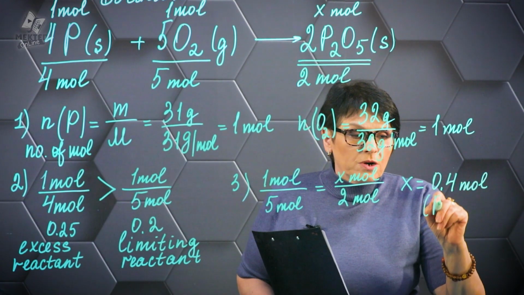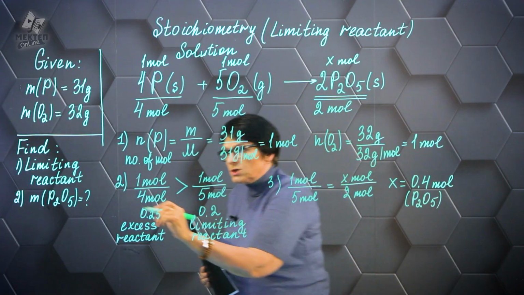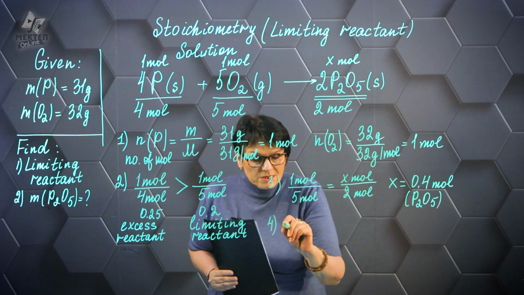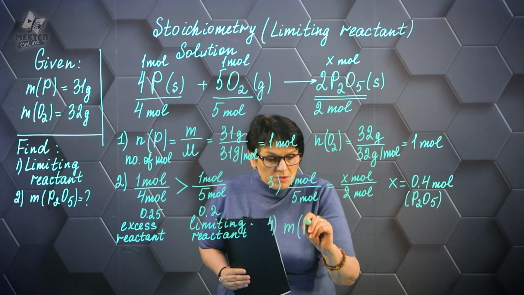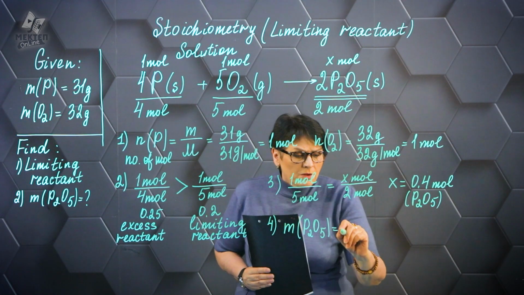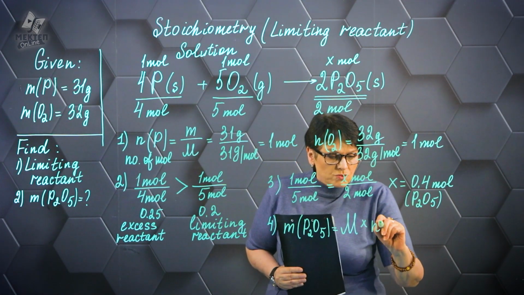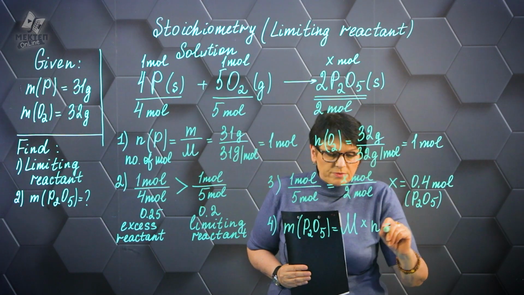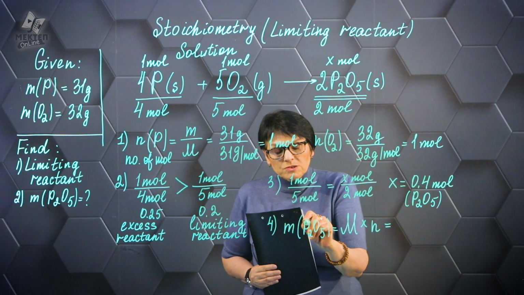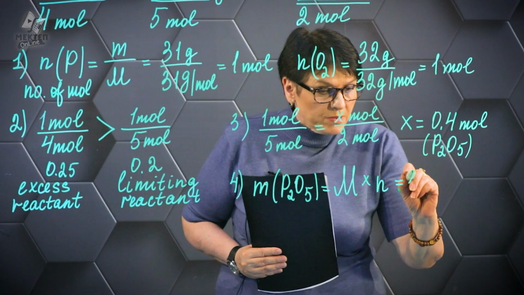That's for P2O5. But since we are asked about the P2O5 mass, we have one last thing to do: calculate the mass of P2O5. For this, we'll use the formula: molar mass of P2O5 times the amount of substance. For P2O5, we take the weights from the periodic table: phosphorus 31 times 2, oxygen 16 times 5.